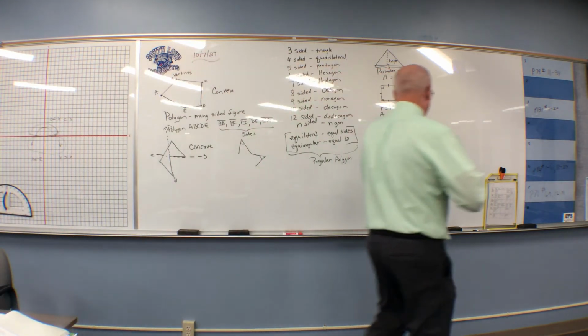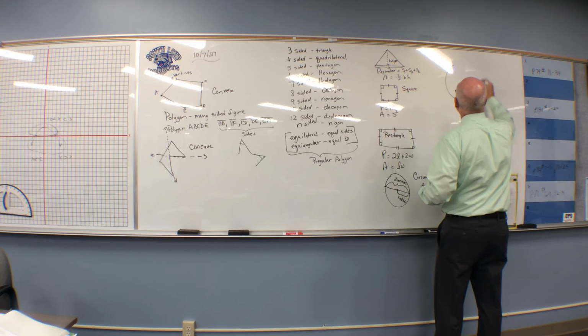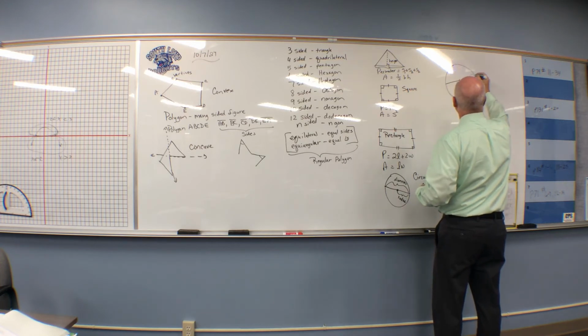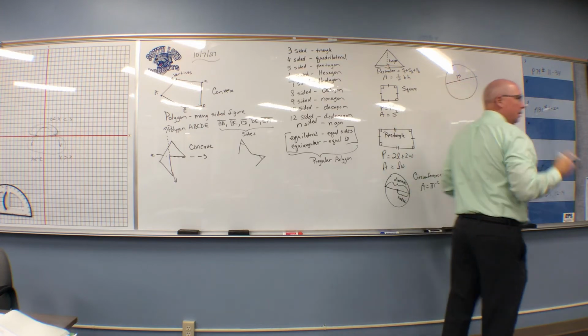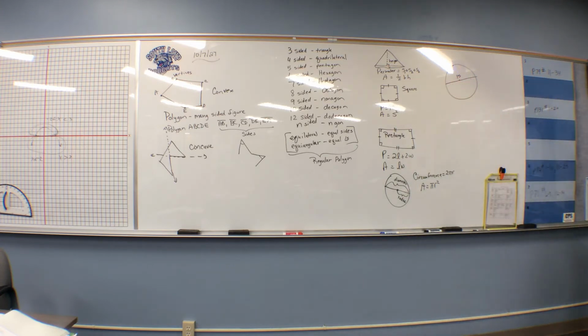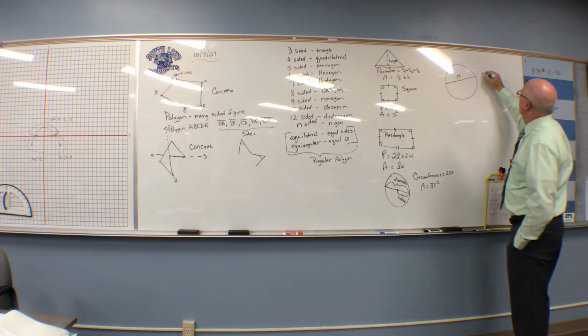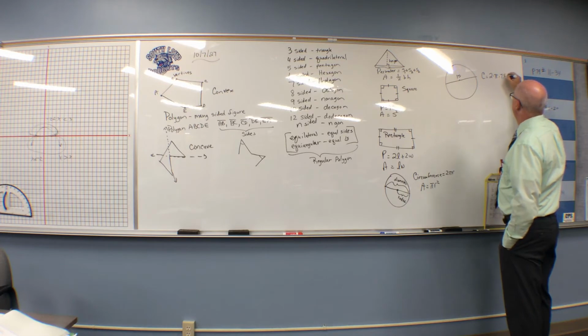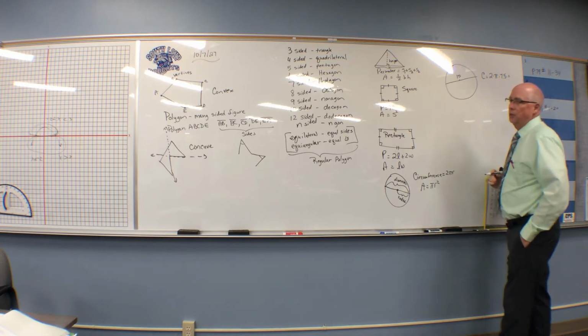Just to throw this at you, if I had a circle and the diameter is 15, the circumference is 2 times pi times 7.5. Give me that to the nearest tenth.